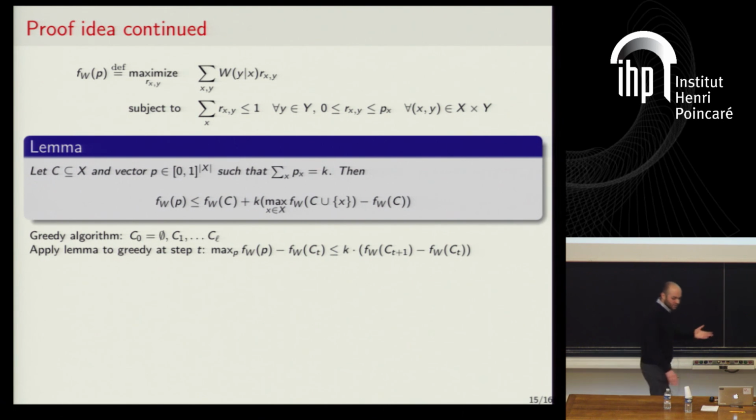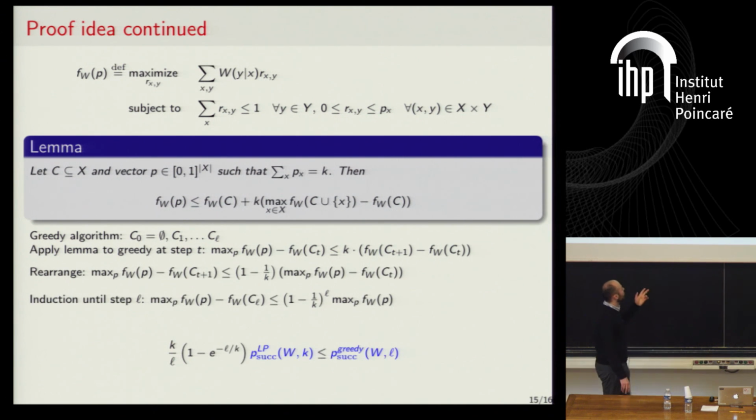But once you have this lemma, it's quite immediate to relate the greedy algorithm to the LP. You take the running of the greedy algorithm, which starts with the empty set, and then includes an element, etc., until you have L elements. You just apply the lemma to one step of this greedy algorithm, say the tth step. The maximum over all x of fw of C union x, if you start with Ct, is just fw of Ct plus 1.